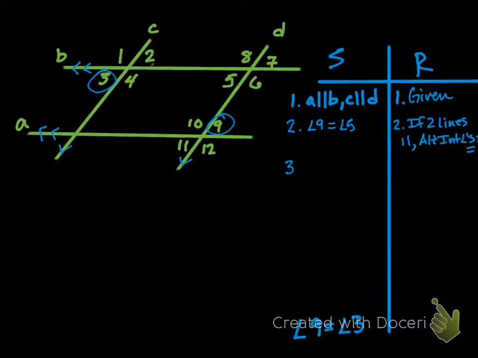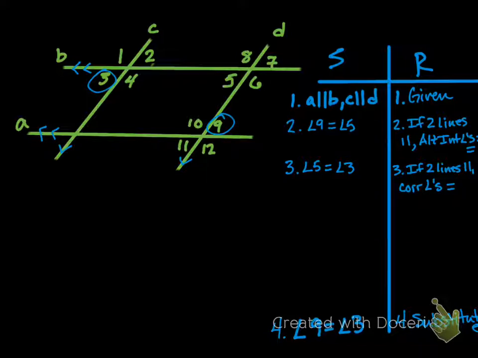And we can say that angle 5 is equal to angle 3 if two lines are parallel, corresponding angles are equal. In this last step, we would just substitute.